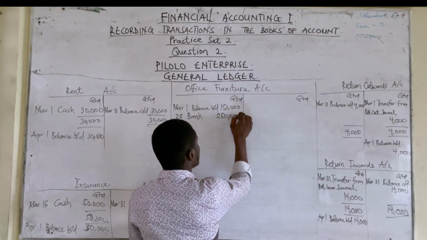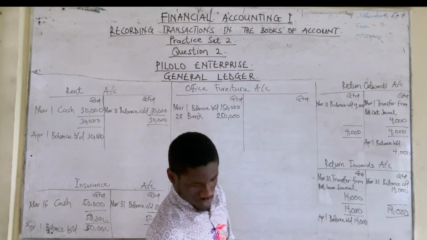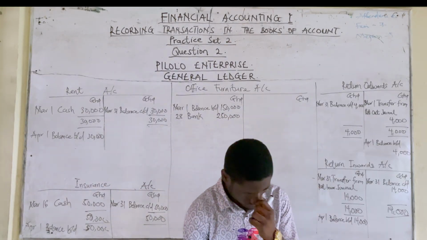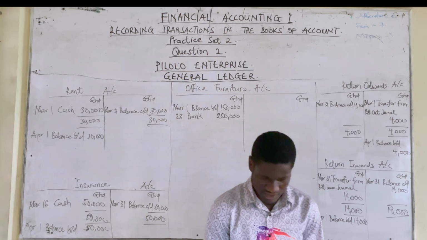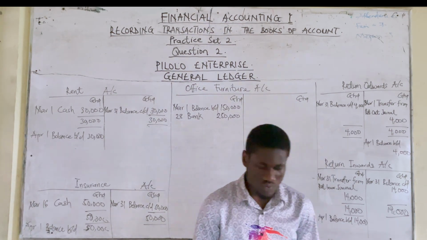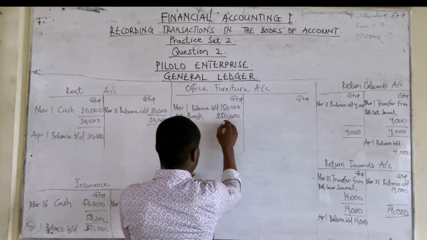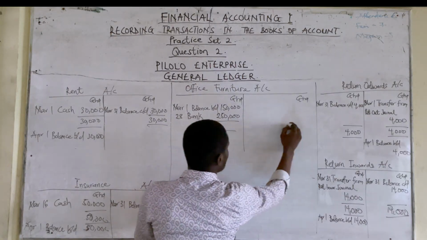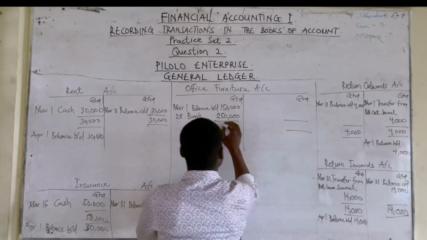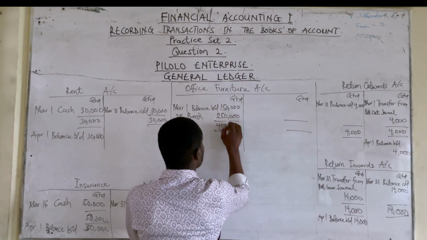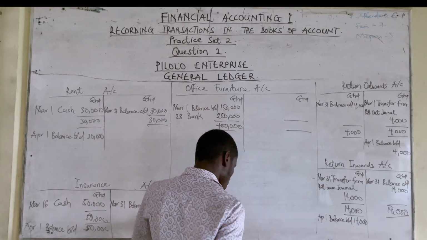So we check for any other office furniture transaction here. You could see that that's all for the office furniture. So we are going to close the account. So the total is 400.